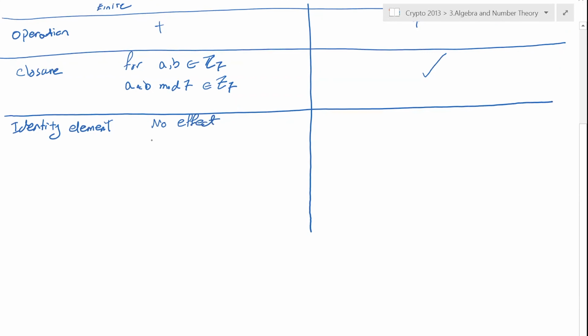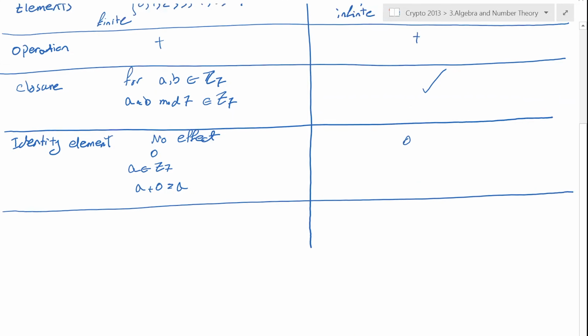In addition, that identity element is 0. So we say, for any integer a in Z7 that you choose, if you do a plus 0, you always get a. So this element has no effect. And for addition, that element is always 0.